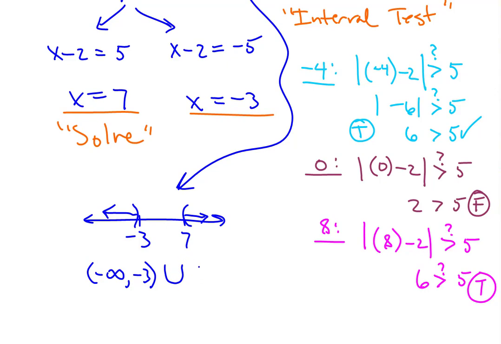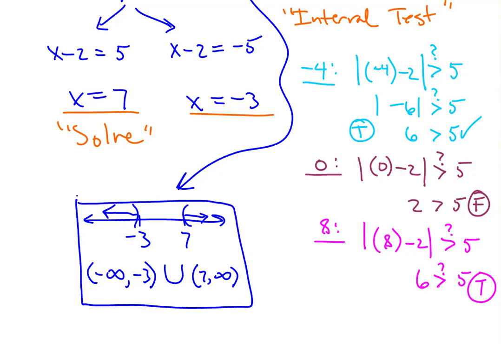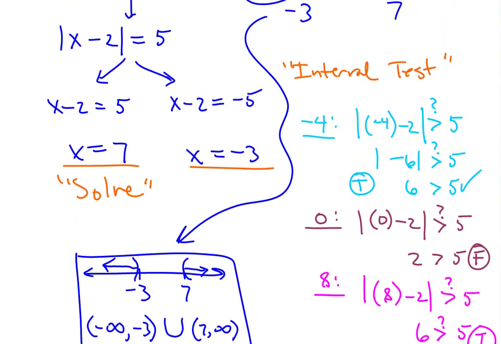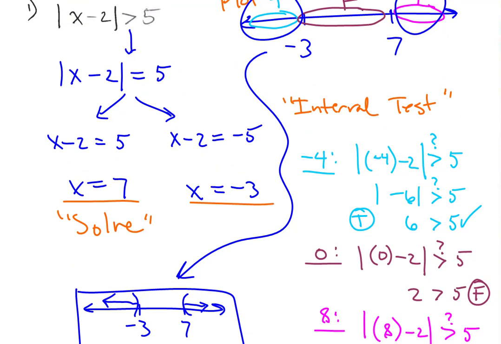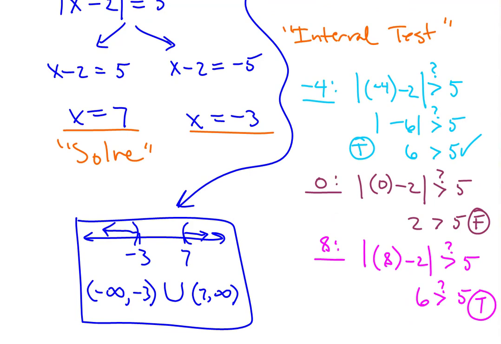And then after that union symbol, we'll put a parenthesis with 7, comma, +infinity, representing the right side interval. So it's like two intervals glued together with this union symbol, and this will represent the entire solution to this original absolute value inequality. So again, you may not like how much this involves at first, but I guarantee in the long run it's going to pay off, and I highly suggest using this method if you want to get these correct.